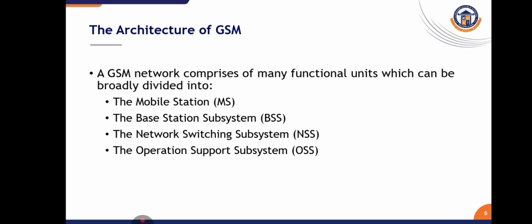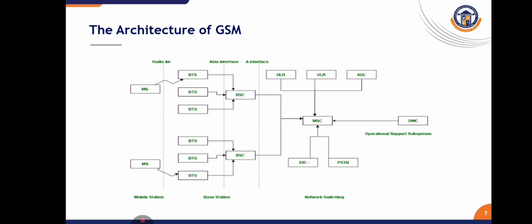So, coming to the architecture of GSM, the network comprises many functional units, mentioned below: the mobile station, base station subsystem, network switching subsystem, and operation subsystem. So this is the architecture of the GSM.